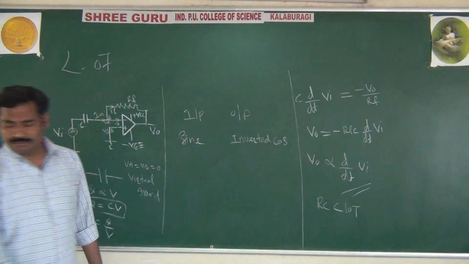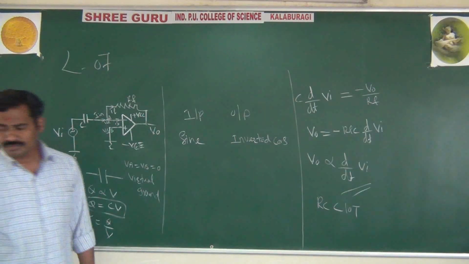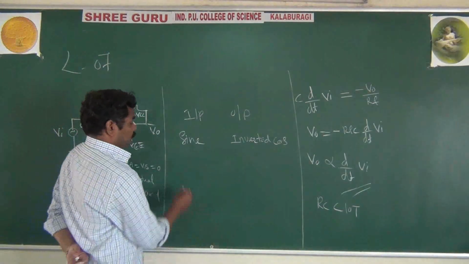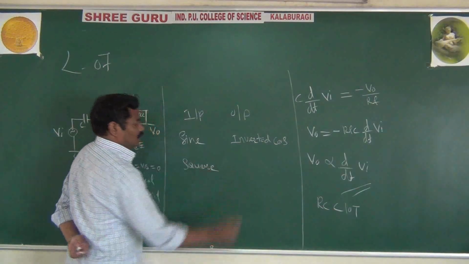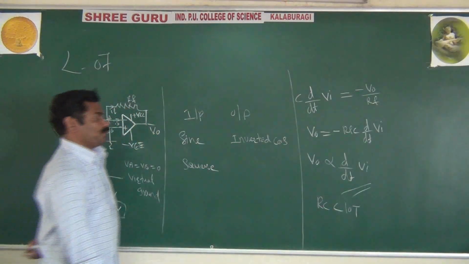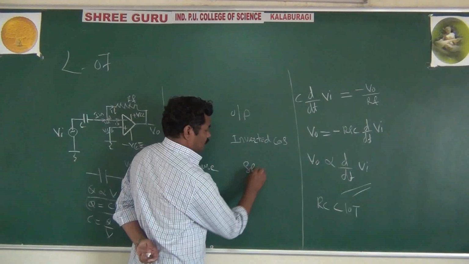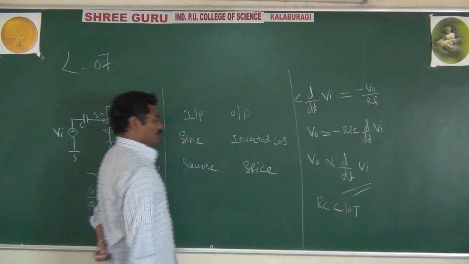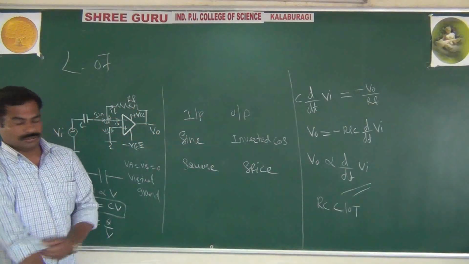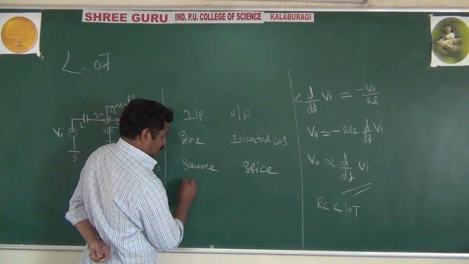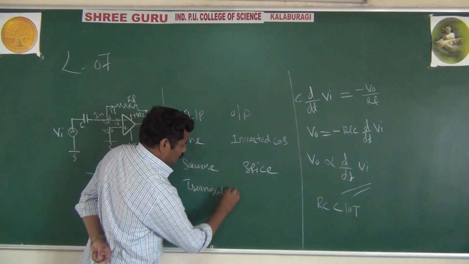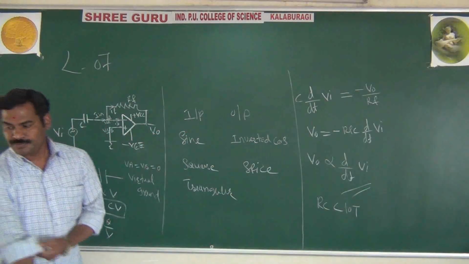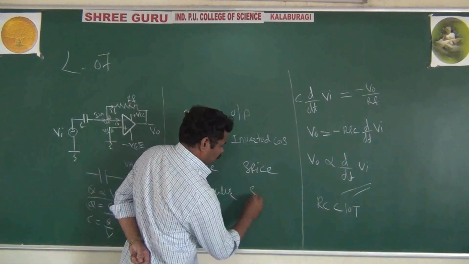In the same way we go for the square wave. In the input you have the square wave, then in the output you get the slice, and finally for the triangular wave you get the square wave as output.